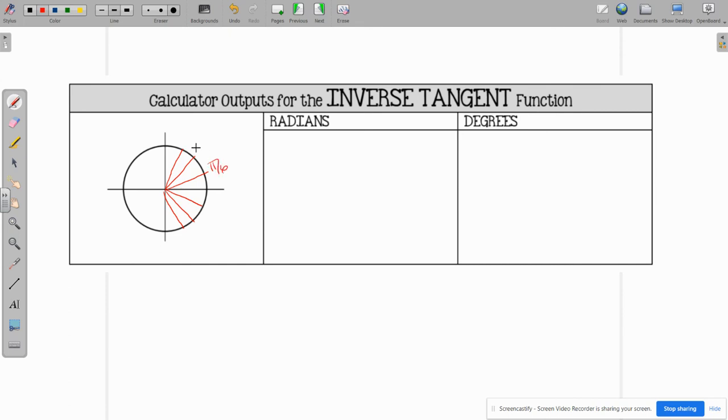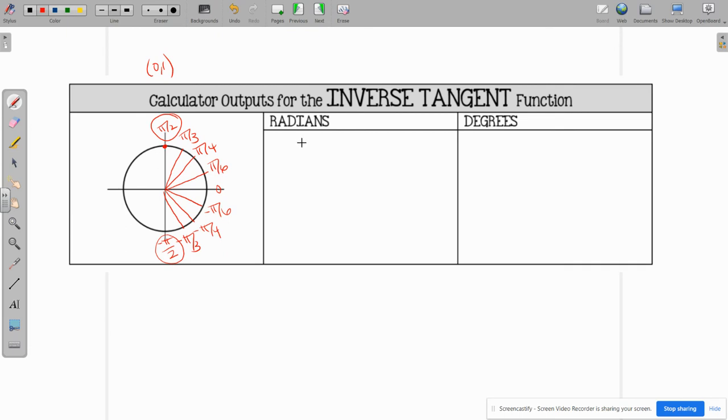So pi over 6, pi over 4, pi over 3, pi over 2, and 0, and then going backwards into my negative angles, negative pi over 4, negative pi over 3, and negative pi over 2. But the interesting thing here is if you try to take the tangent of pi over 2, it's undefined. Because remember, this has the coordinates 0, 1, and tangent is y over x, so you'd be dividing by 0. So we can't take the inverse tangent of pi over 2 or negative pi over 2.